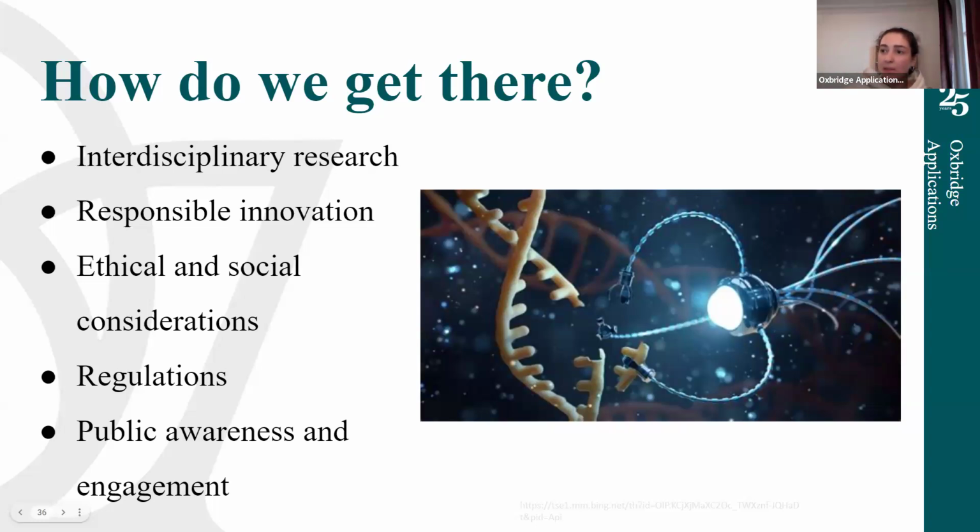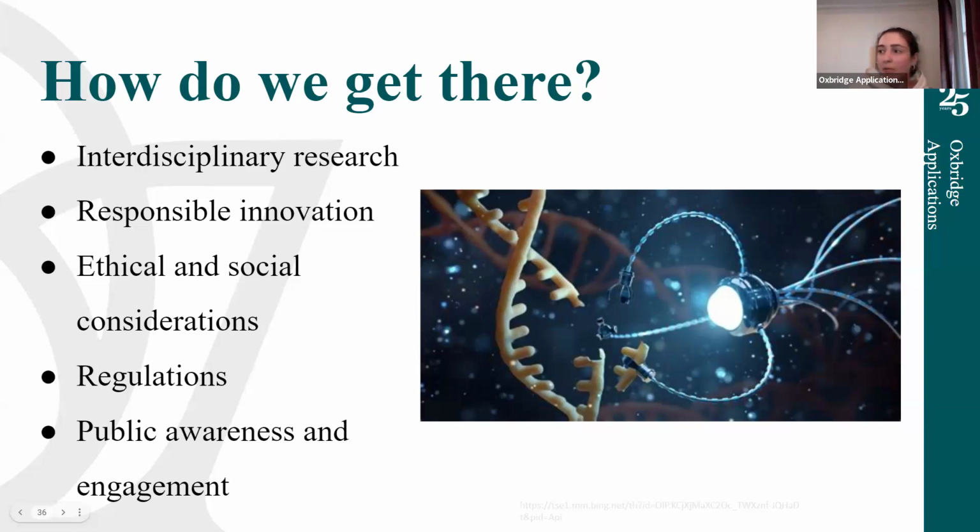We can see how nanotechnology can provide solutions for sustainability, and there is a huge scope for green nanotechnology as well. For example, for synthesizing sustainable nanomaterials, biodegradable nanomaterials as well. So we've got to implement these green chemistry principles as we're developing these nanoproducts. So how do we get there really?